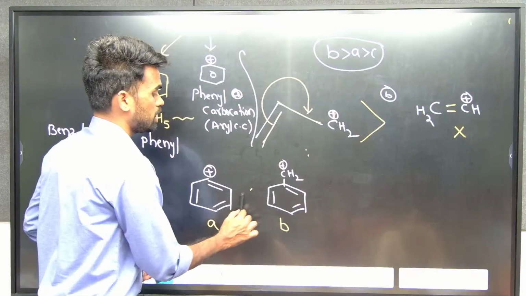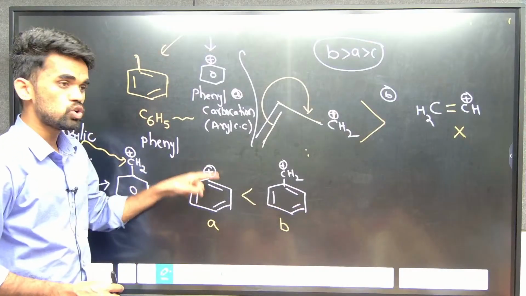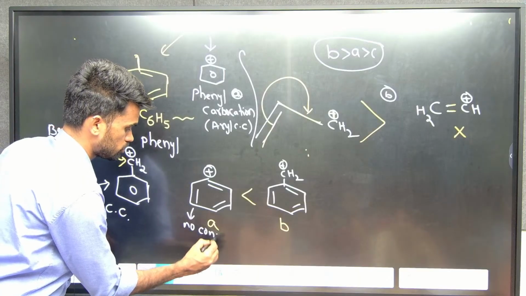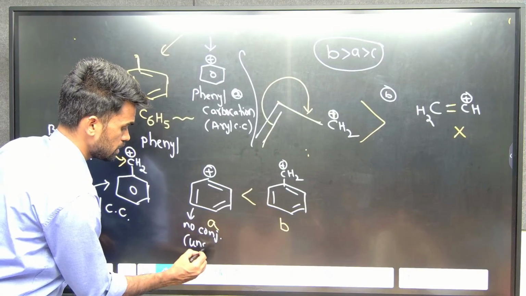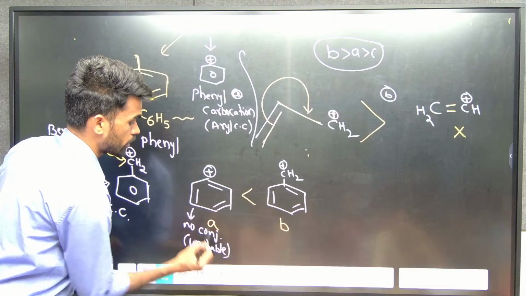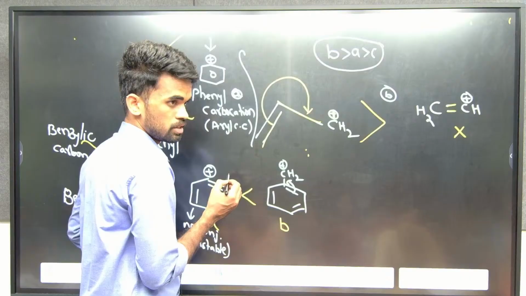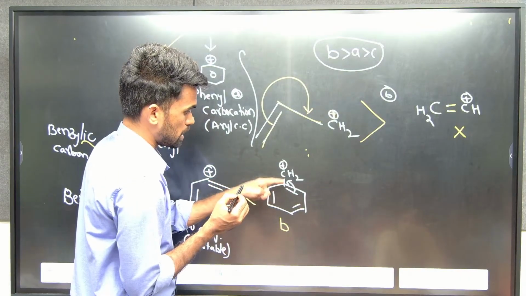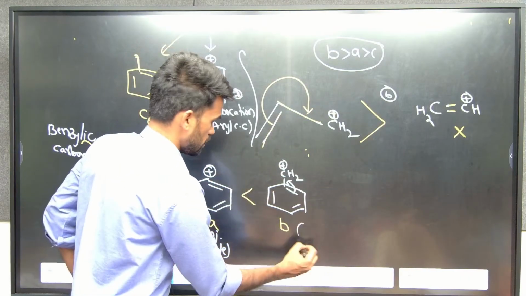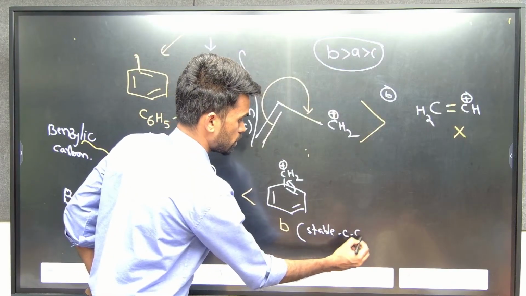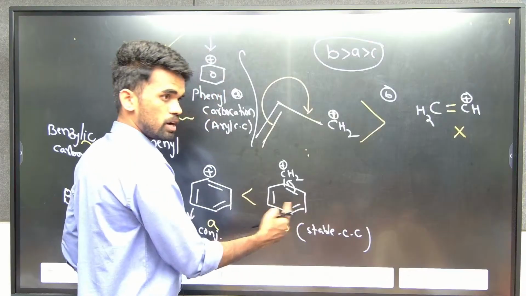B. Why is B more stable? There is no conjugation here, so it is highly unstable. And this carbocation can be stabilized like this. Conjugative position or not? Alternate position or not? So it is a stable carbocation. Do you get the difference here?